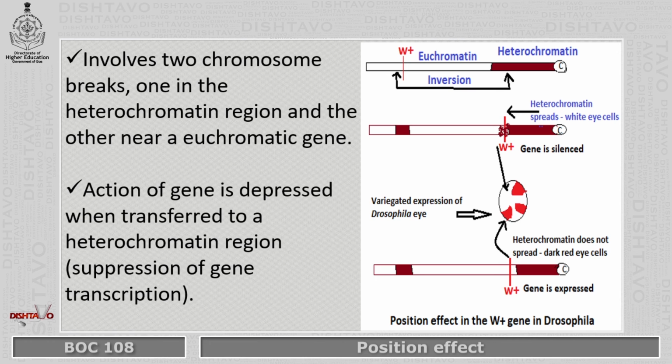Now, as a result of this inversion, the white eye gene, that is W+, was moved from its normal position in the euchromatic region towards the end of the chromosome, and it gets shifted towards the heterochromatic region, at the new heterochromatic breakpoint.